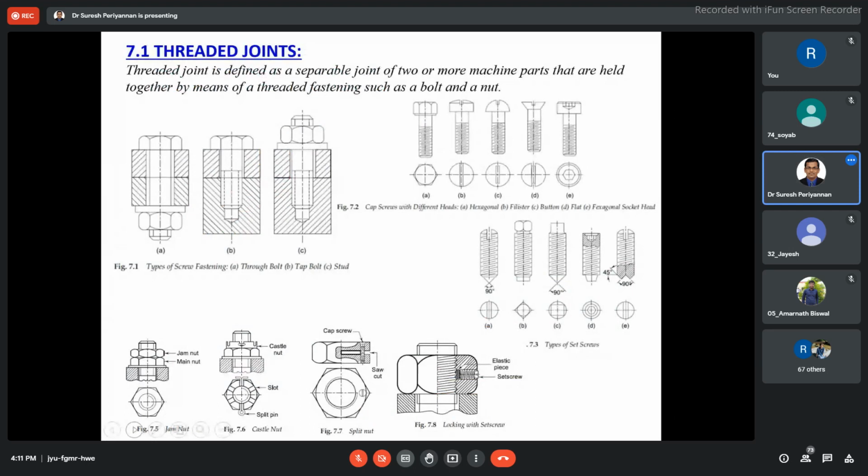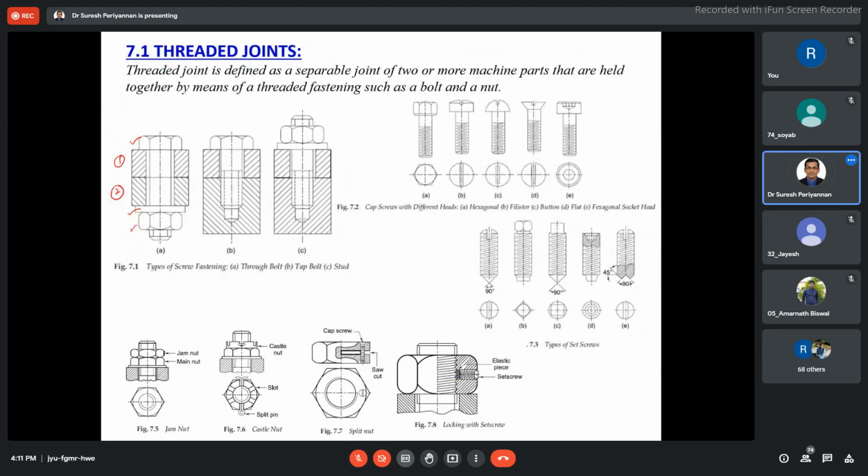There are three parts of threaded fastening: bolt, nut, and washer. This is the bolt, this is the nut, and this is the washer. These are the main components for creating the fastening or joining of two components. This is component 1, and this is component 2.